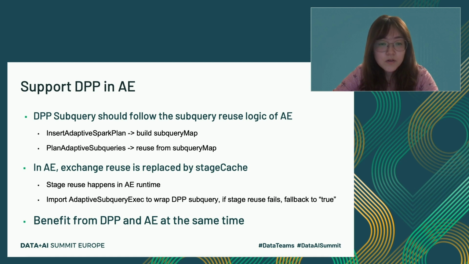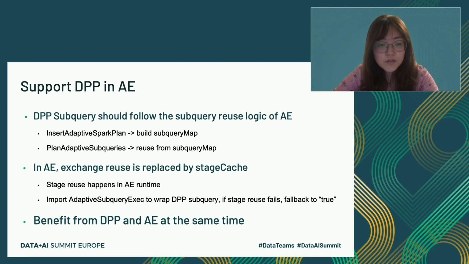And also the exchange reuse happens, and the stage is replaced by the stage cache in AE logic at runtime. So we need to put the DPP exchange reuse logic into the AE logic.